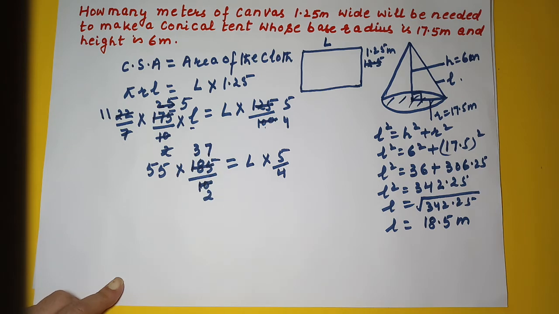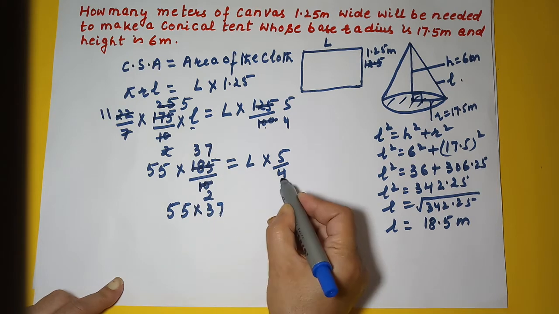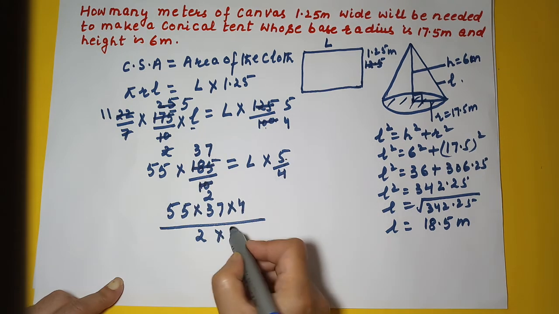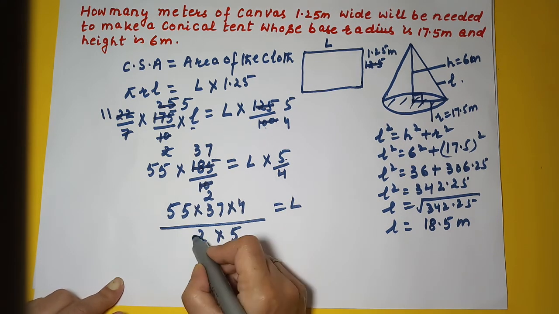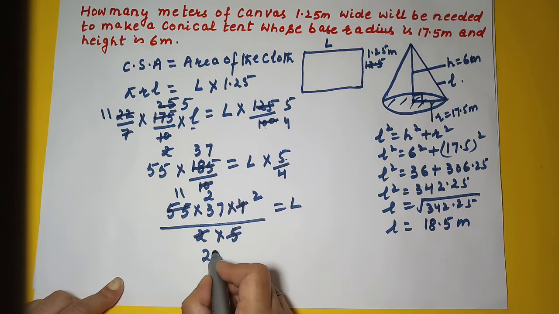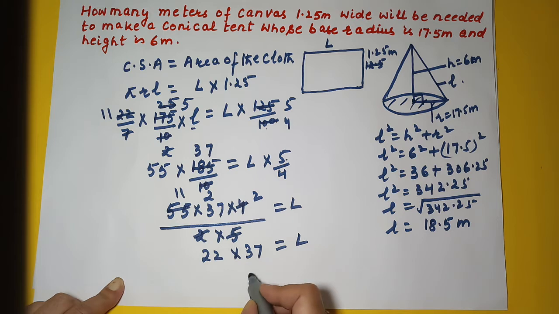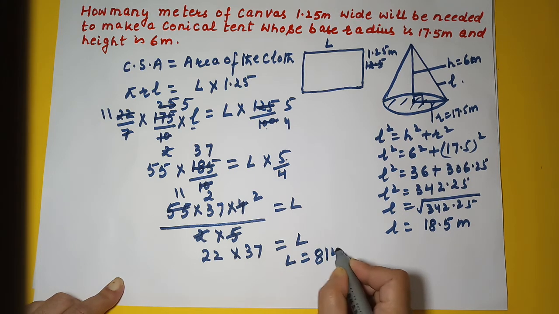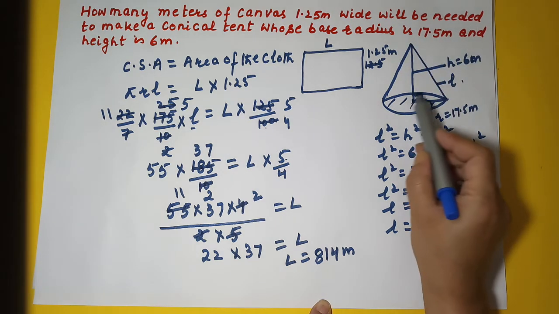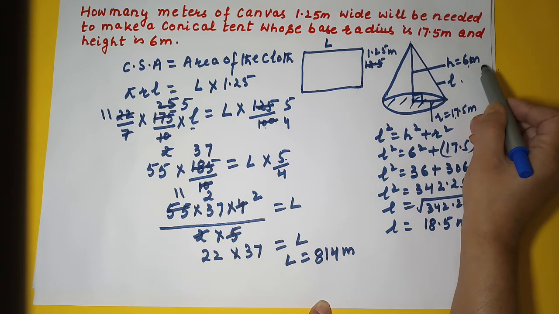So finally I have 55 into 37 into 4 divided by 2 into 5 equal to L. So 2 2s are 4, 5 11s are 55. So I have 22 into 37 equal to length. So 37 into 22 is 814 meters of cloth is required to make a conical tent whose base radius is 17.5 and height is 6 meters.